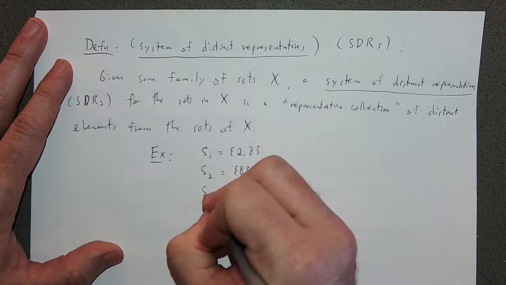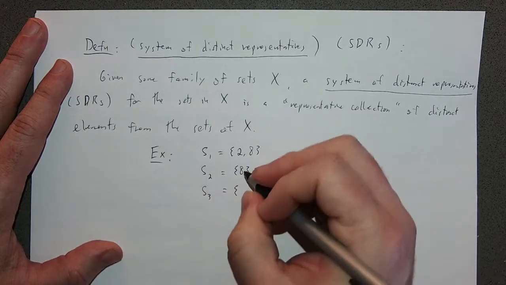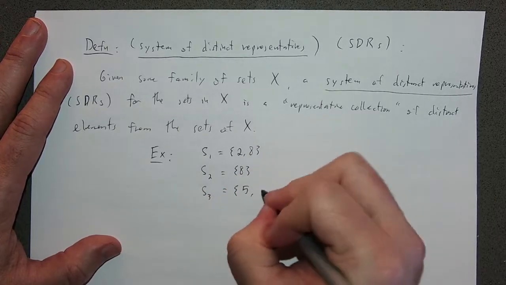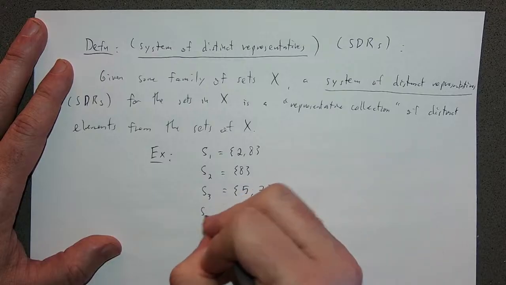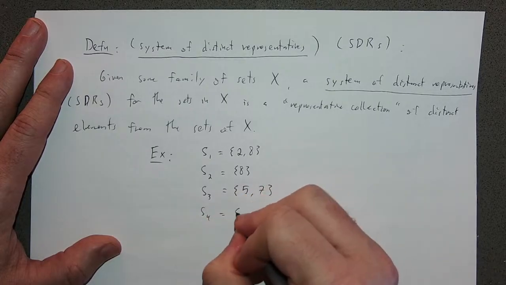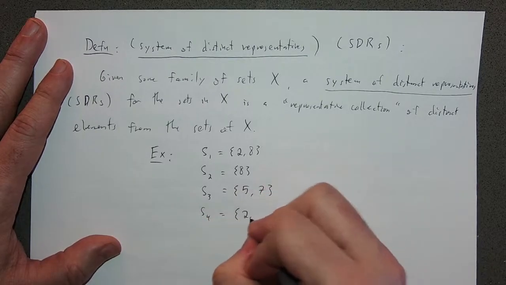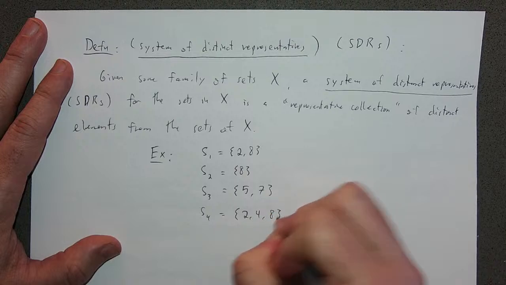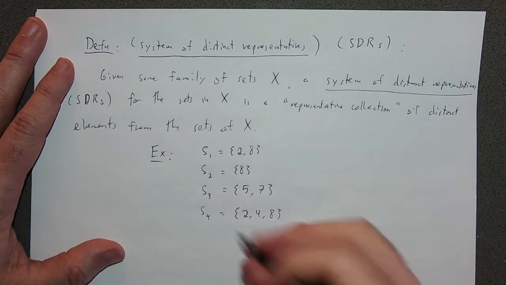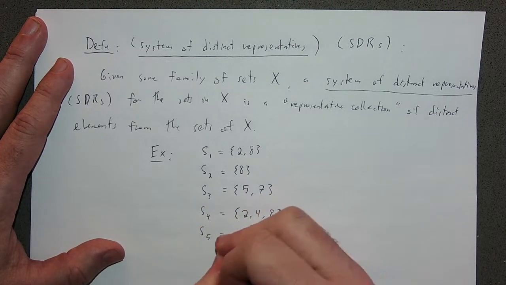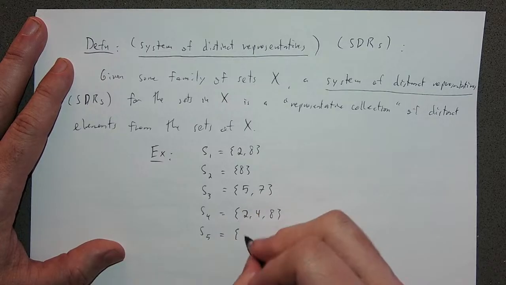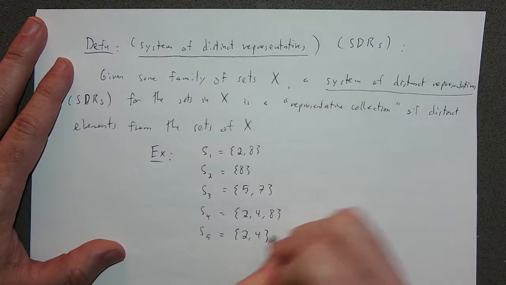Let S3 be the set that contains the elements 5 and 7. Let S4 be the set that contains the elements 2, 4, and 8. Let S5 be the set that contains the elements 2 and 4.